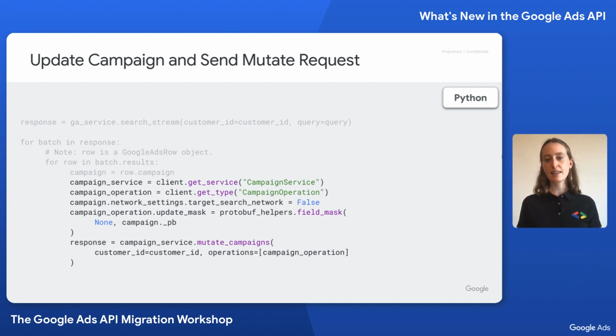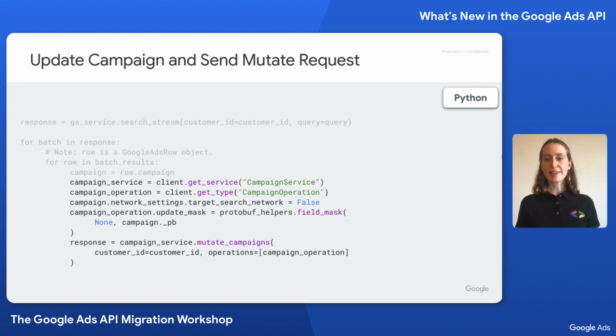In the Python client library, which you see here, the field mask helper will return a field mask with only the fields that are different between the two arguments. Since we're passing None and a campaign object that's empty except for the ID, resource name, and the newly updated network settings field, those are the only fields that will be updated on the campaign when we make the call to mutate campaigns.